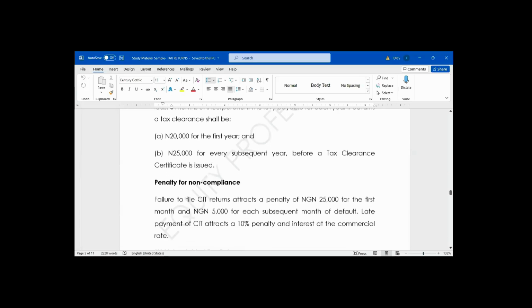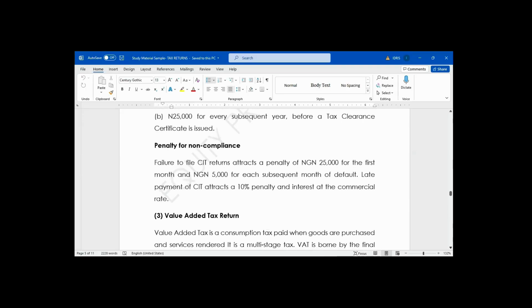If a company fails to file company income tax return, it will attract a penalty of 25,000 for the first month and 5,000 for every subsequent month in which the failure continues.